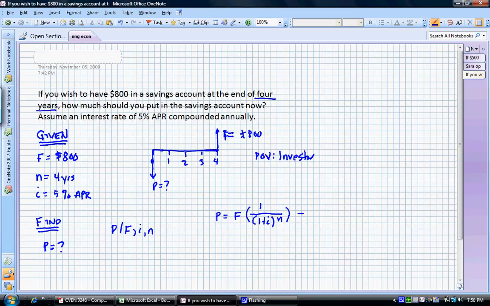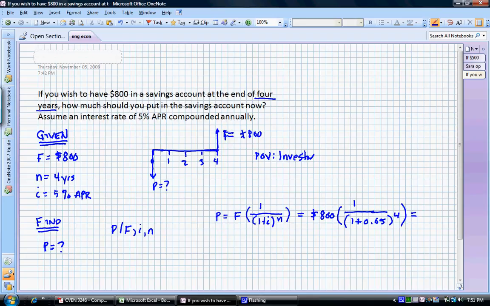Right? Now let's write this out. We have $800 multiplied by 1 over 1 plus 0.05. Okay, and we're going to raise that to our N, which is 4 years.